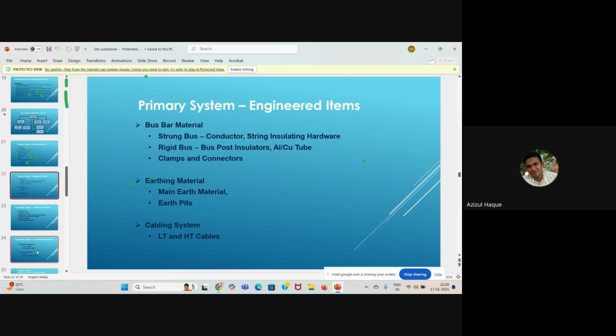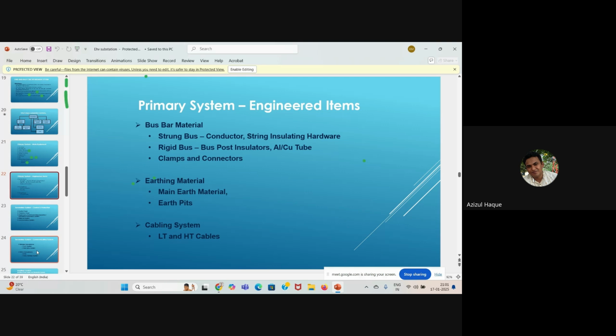Through that connector, the tube will be connected to the breaker. That connector is a single piece, but the two sides are different. At one side it is flat type, and at the other side it is round type. The round type will be connected to the aluminum tube, and the flat type will be connected to the breaker. So we have to design it.